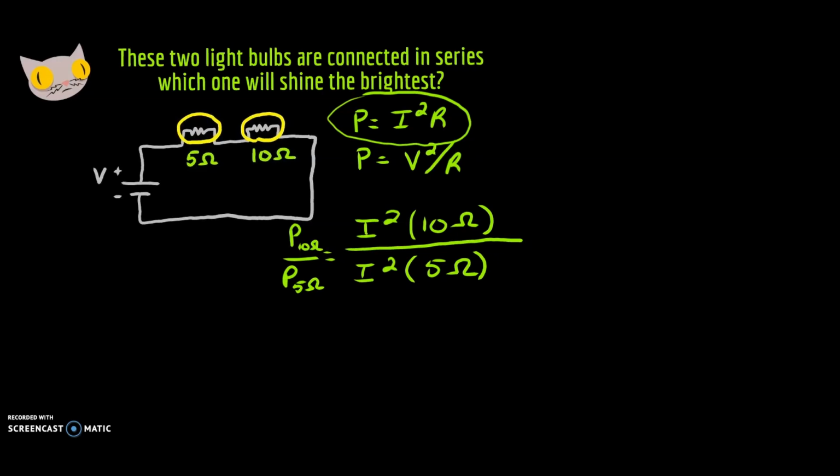So because they have the same current, we can cancel out I squared for both, and we are left with 2 over 1. That's the ratio. The power dissipated is 2 to 1. The 10 ohm bulb is going to be twice as bright as the 5 ohm bulb.